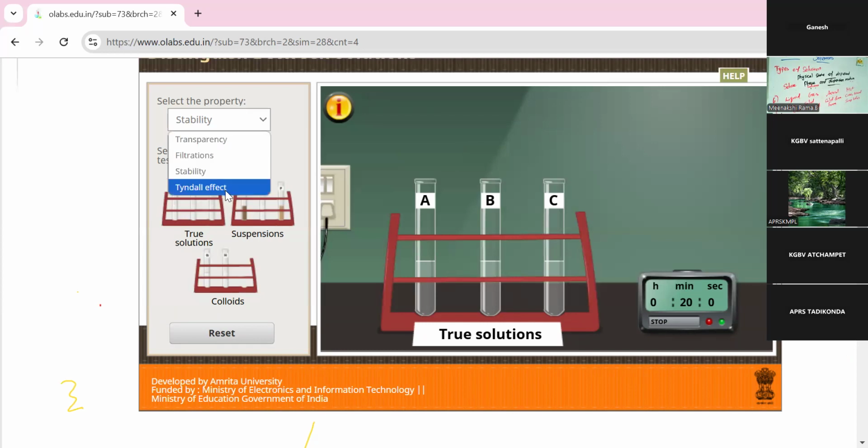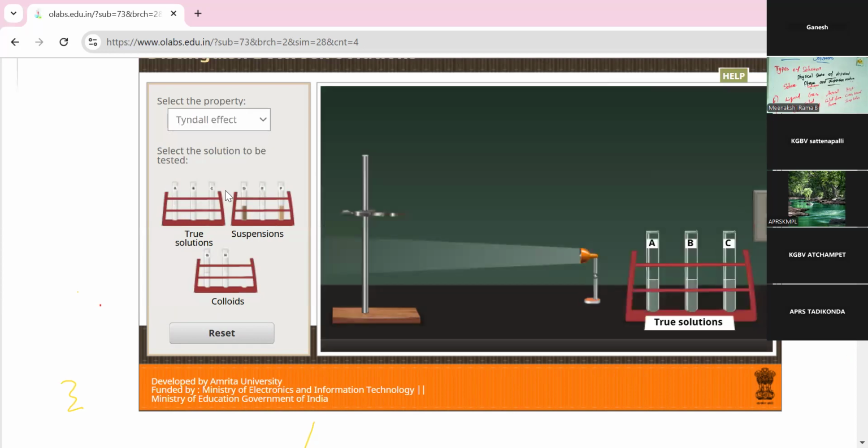And next one is the Tyndall effect. It is one of the important properties for the confirmation of true or colloidal solutions. When we pass light through this solution, I'm going to use three kinds of test tube solution. First solution I am taking and holding in that holder.